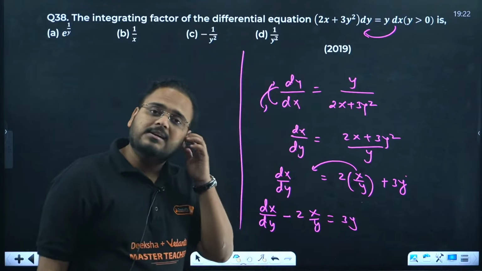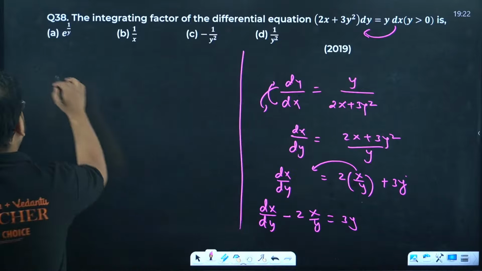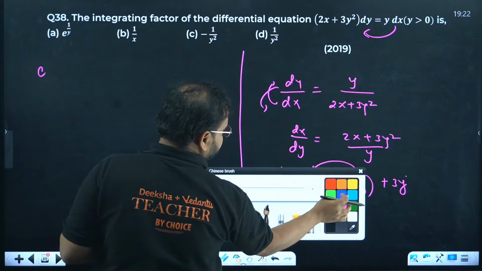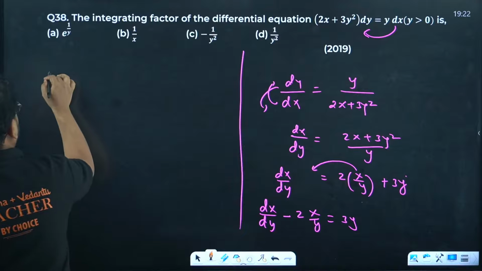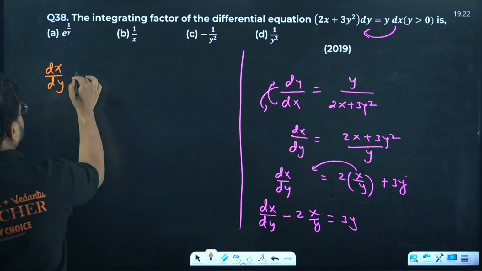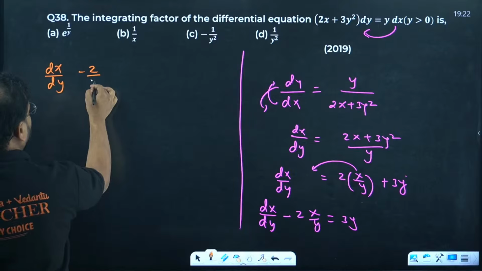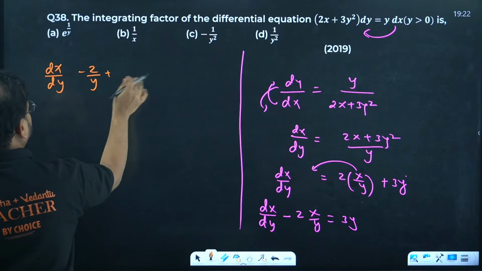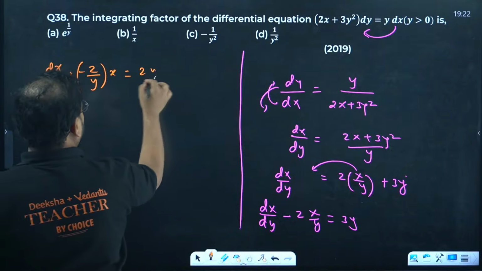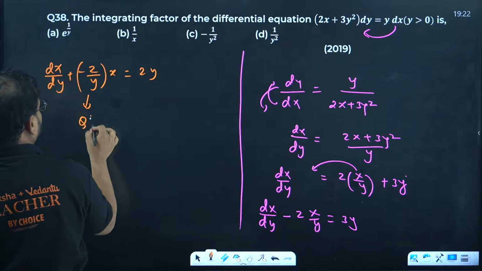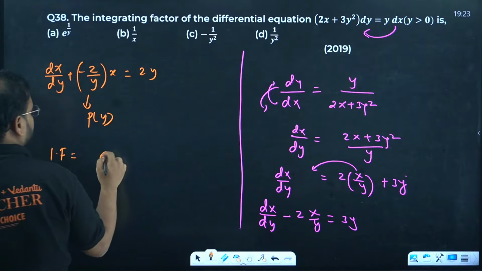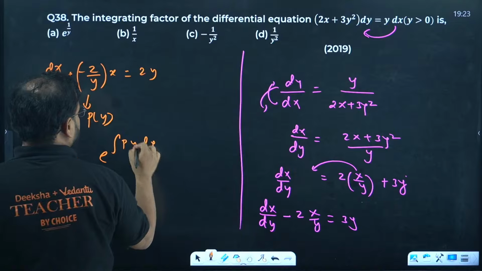Let's write this in the standard linear differential equation form, dx by dy plus P of y times x equals Q. Here we have minus 2 upon y, and x equals 3y, and this represents your P of y.